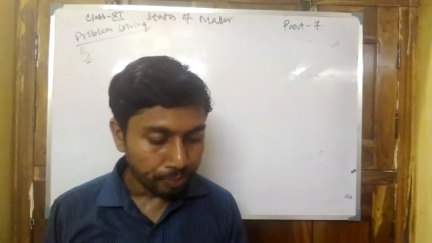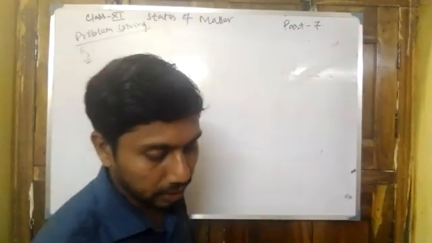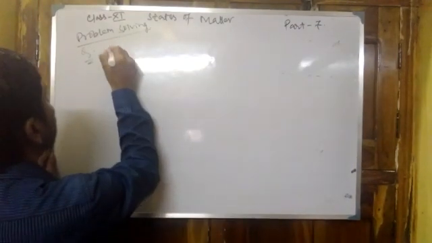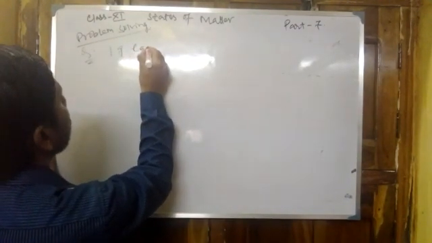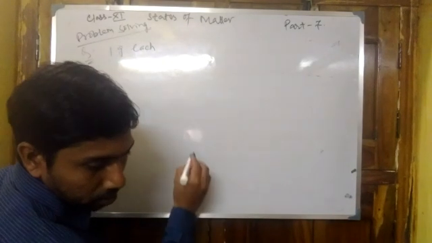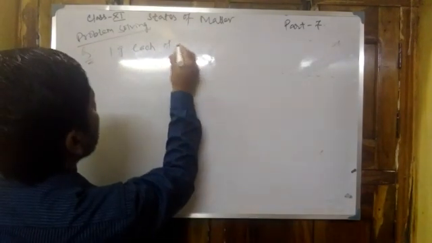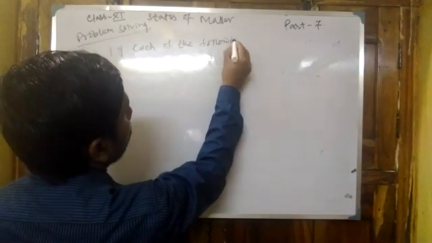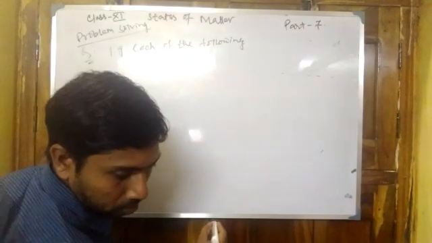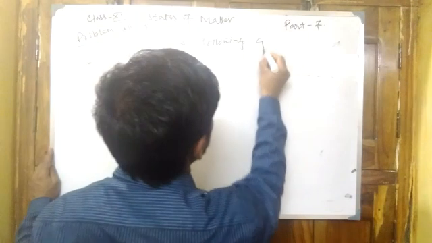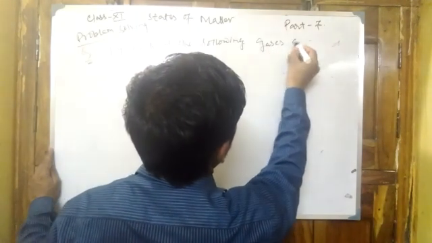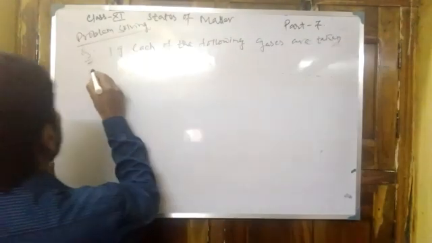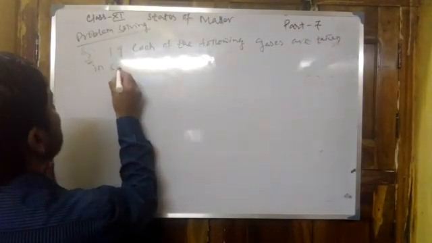So first of all, we write down the statement: 1 gram each of the following gases are taken at STP.